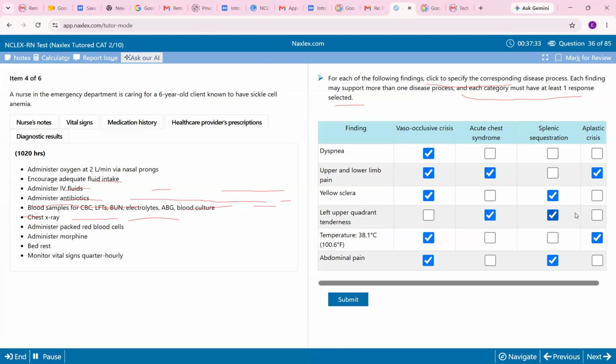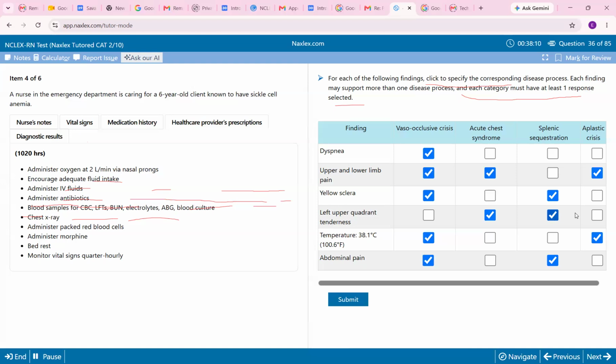And the next is splenic sequestration. Splenic sequestration means a large amount of blood suddenly becomes trapped inside the spleen. It can cause enlargement of the spleen, leading to a sudden drop in the circulatory blood volume. The blood volume in the spleen increases due to the splenomegaly, but the circulatory blood volume decreases. It is most common in children.